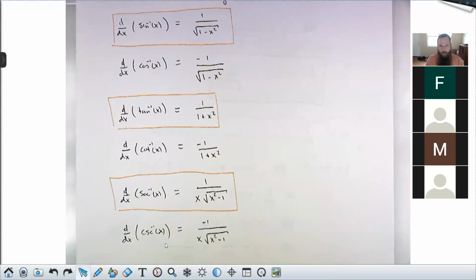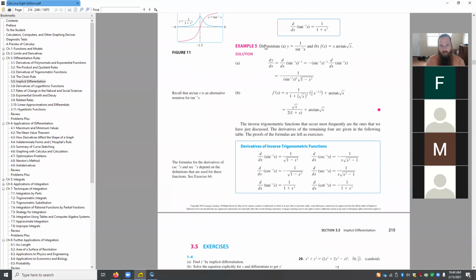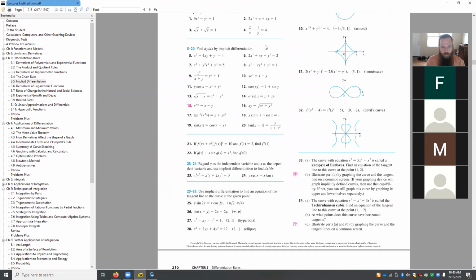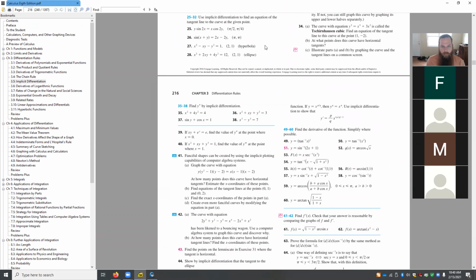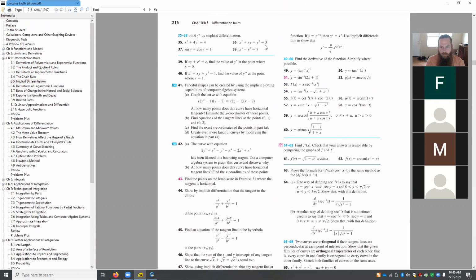Okay, let's solve a problem or two, and then I will let you guys go. Some fun involving some inverse trig. Something like these over here seem like fun.